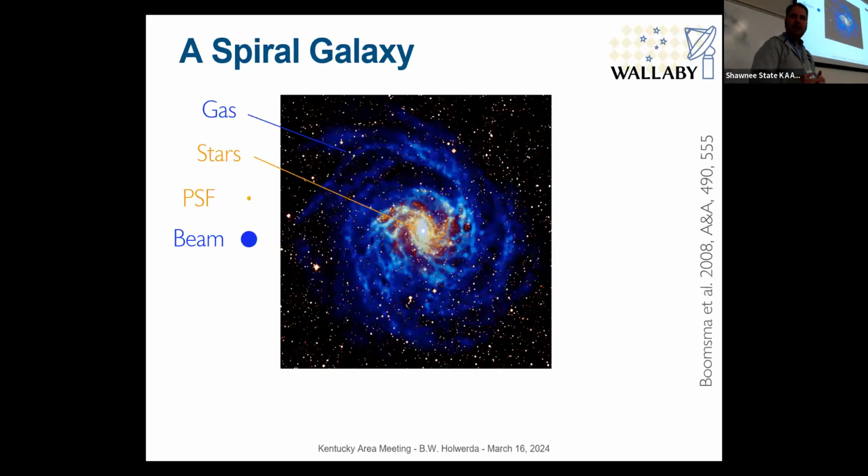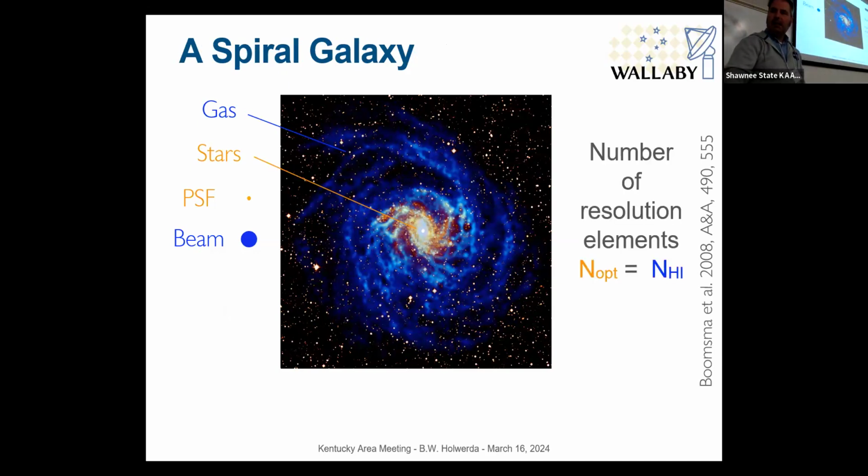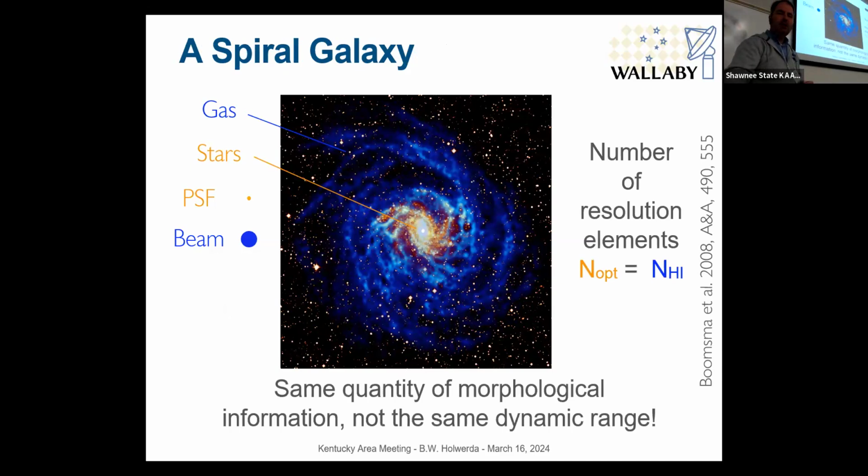The idea here is that our PSF or beam for radio astronomy is typically bigger, so we have a fuzzier image, but because we can follow the hydrogen throughout the whole galaxy, we can actually get roughly the same amount of information. So I can get about the same quality of morphology information, but it's different because stars have a large dynamical range in the image.